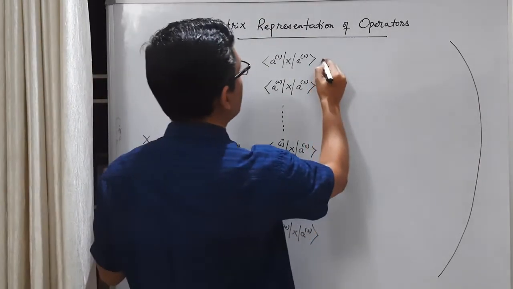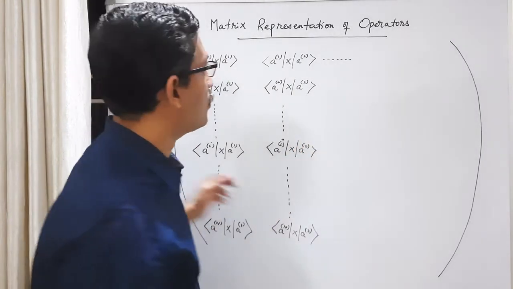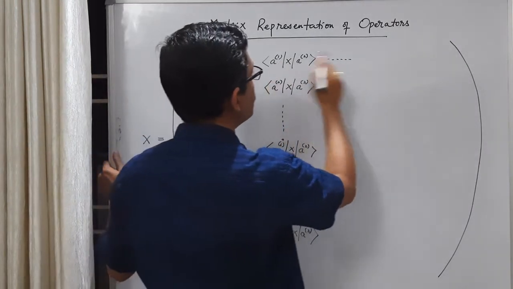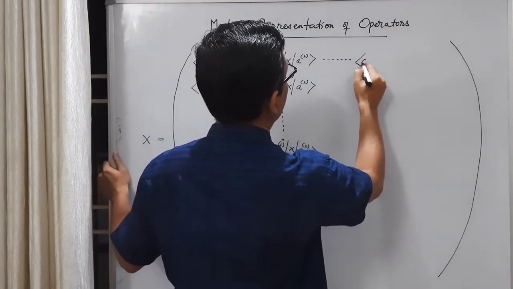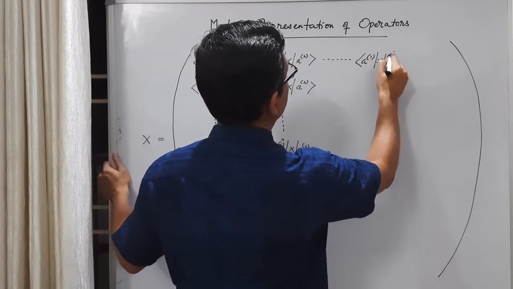Now here, let me consider the jth column. The first row, jth column: ⟨a1|x|aj⟩.